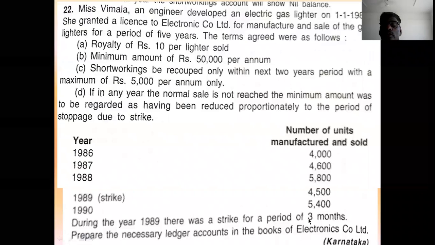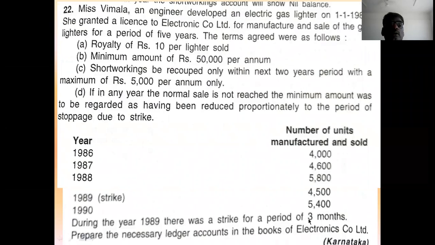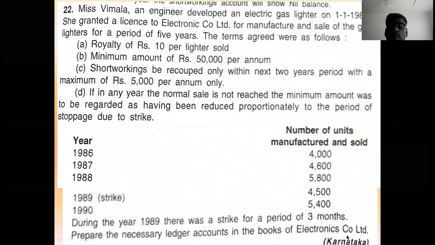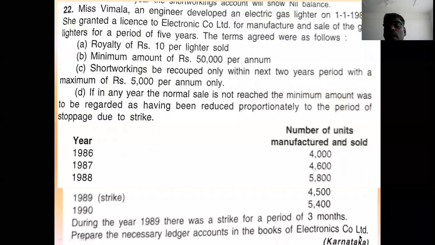So you have to reduce the minimum rent for 3 months. 50,000 is the minimum rent, and you calculate the minimum rent for 3 months and reduce it to that extent. Okay, pass the necessary ledger accounts in the books of Electronic Company Limited. Electronic Company Limited means the lessee.